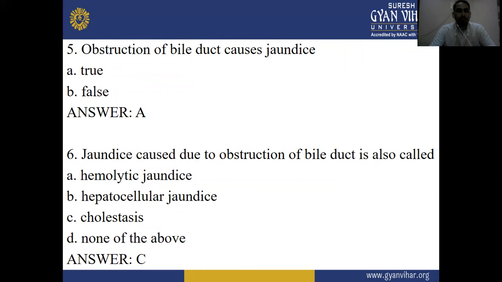Next question: jaundice caused due to obstruction of the bile duct is also called: option A, hemolytic jaundice; option B, hepatocellular jaundice; option C, cholestasis, which means obstructive jaundice; and option D, none of the above.